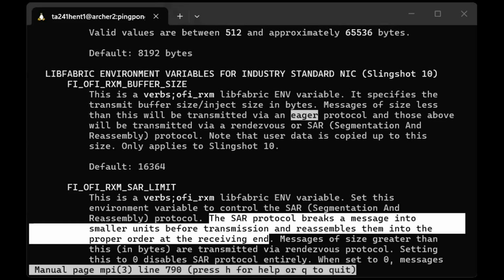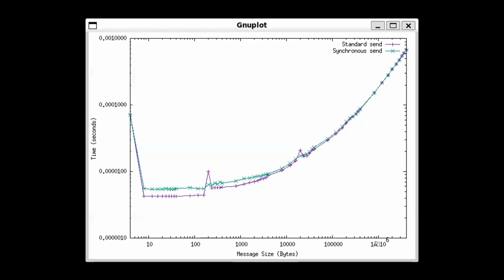But hopefully, if I go back to the one which I like, the simple model of eager and rendezvous and the very short message allows you to at least say that very, very short messages are fast.